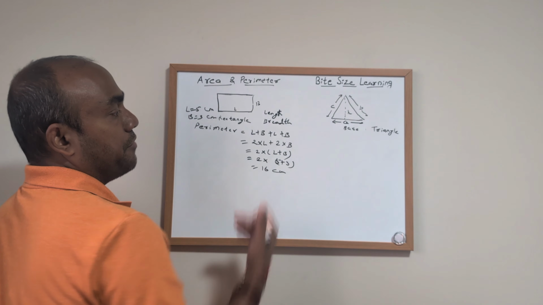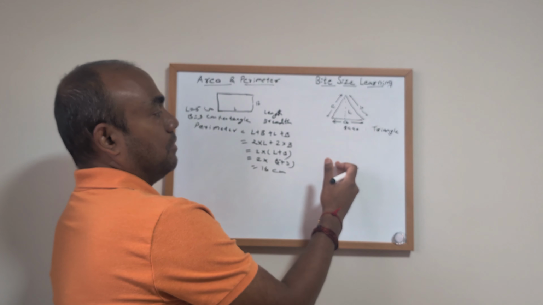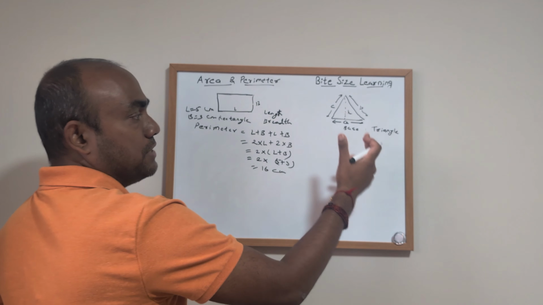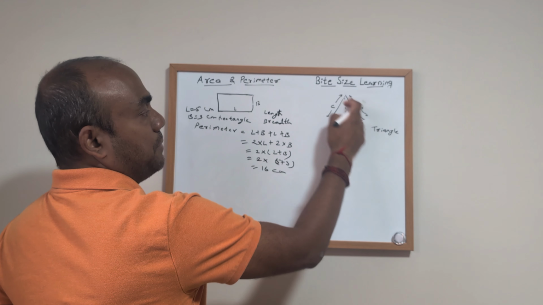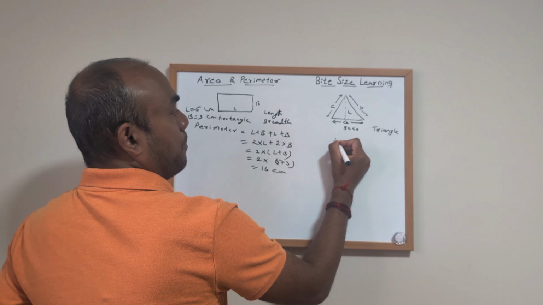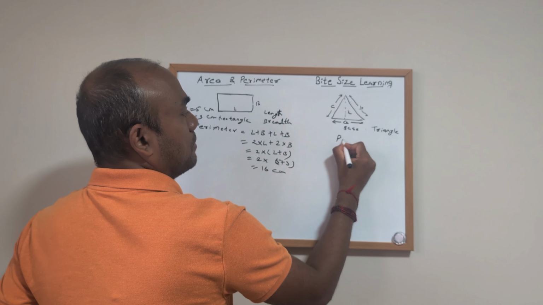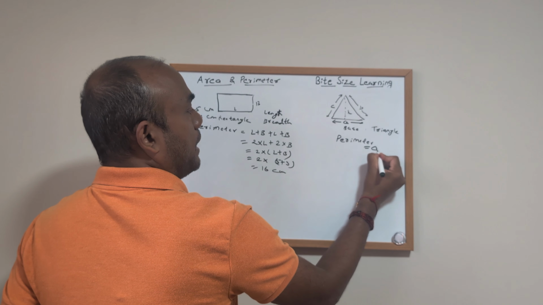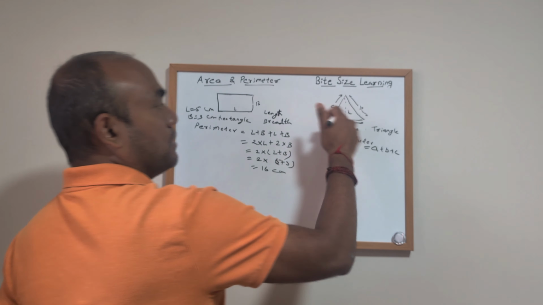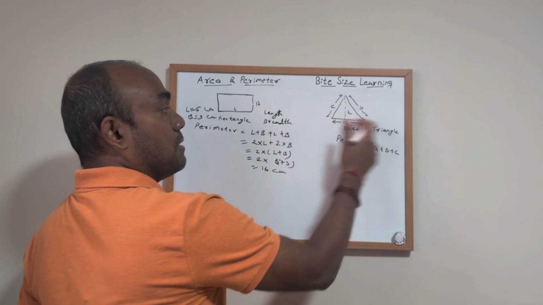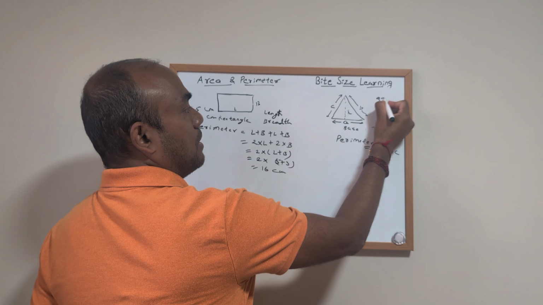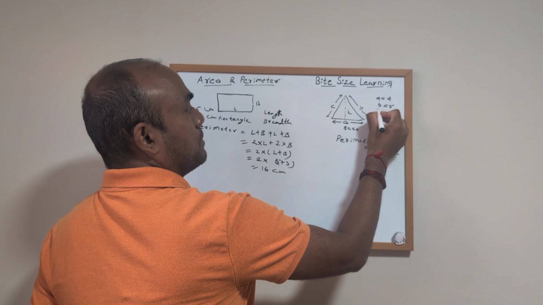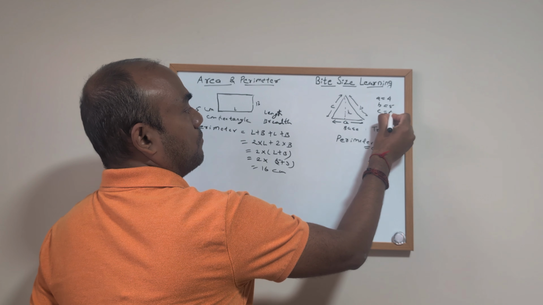Now in case of a triangle, the perimeter is the sum of the outer boundaries. Let's say the sides of a triangle are called A, B and C. So the perimeter of a triangle will be A plus B plus C, the sum of all the sides. Let's say your sides are 4 centimeter, 5 centimeter, and 4 centimeter.